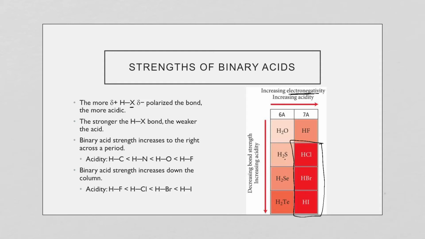As you go down, again, we can see it most clearly here in group 7, where we go from having a weak acid at the top to having strong acids at the bottom. So that's the first trend. The trend in binary acids based on the strength and how polarized that bond between the hydrogen and whatever the non-metal is.